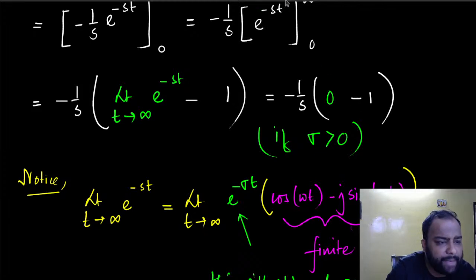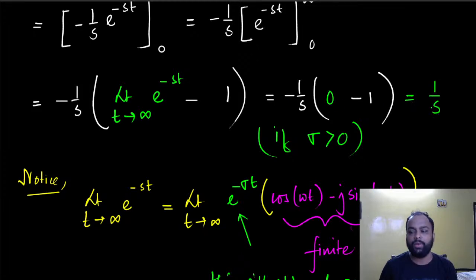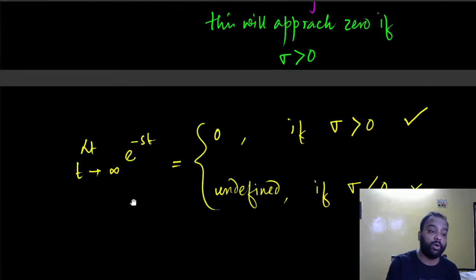And if it does happen this way, then the answer would simply be 1 by s. So you are quite familiar with the fact that the Laplace transform of the unit step is 1 by s. But this is how it happens. We are inherently assuming that sigma is a positive real number. Otherwise the Laplace transform won't converge.